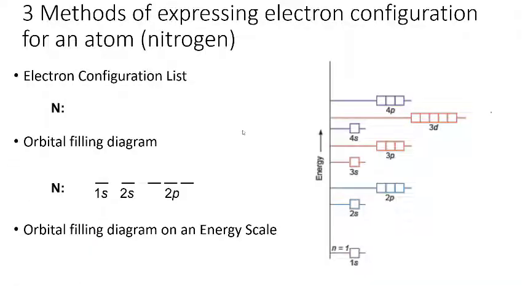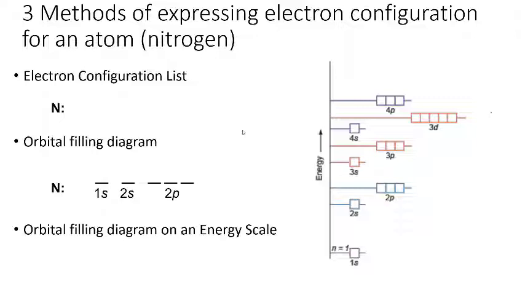Okay, so now how do we actually put our electrons into an orbital filling diagram? There are three different methods of expressing electron configuration for an atom. Let's use nitrogen as an example. If we look on our periodic table, we can see that nitrogen has an atomic number of 7.